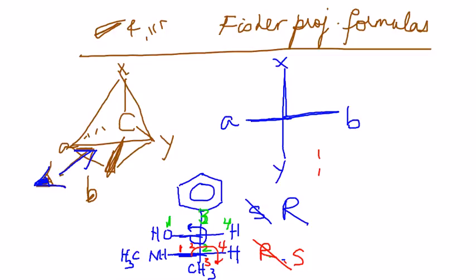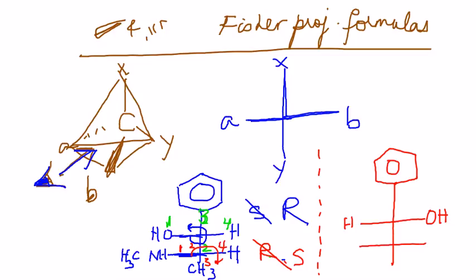Now if you try to get the mirror image of that, the H would be here, OH would be here, the big benzene ring is going to be here, NHCH3 and CH3 over here.